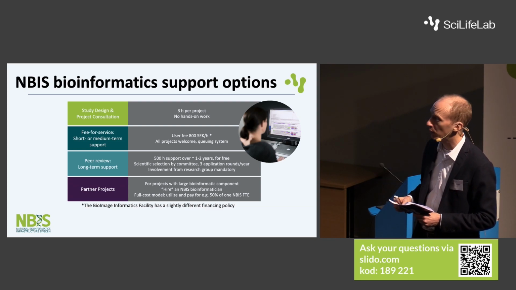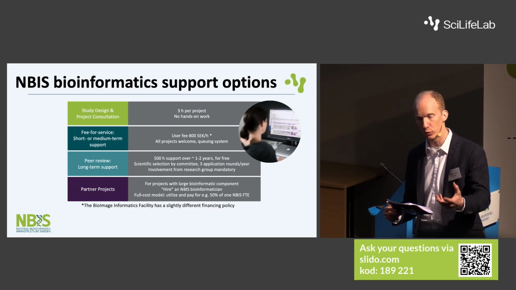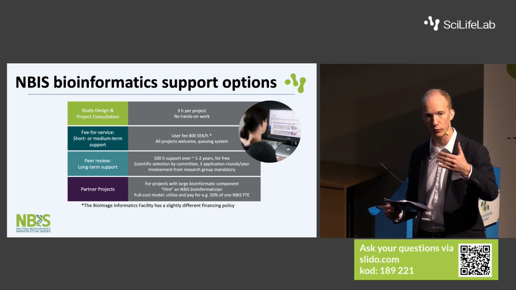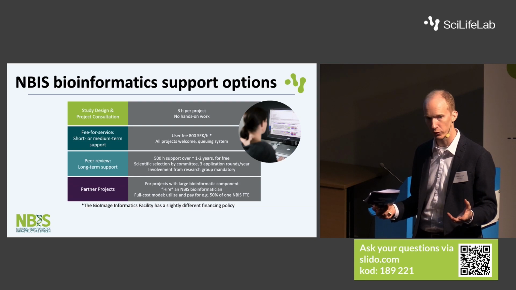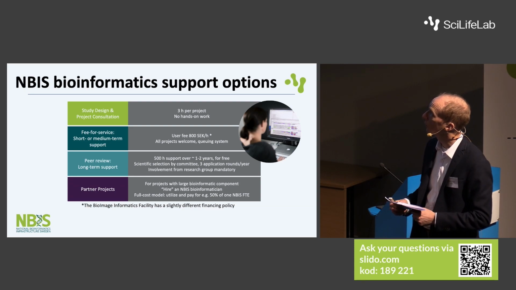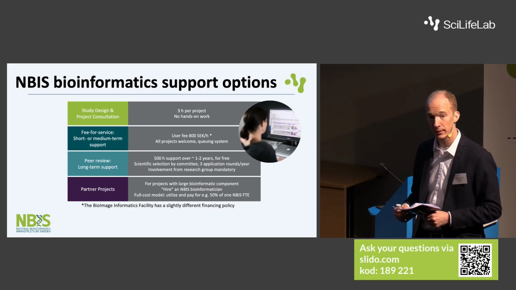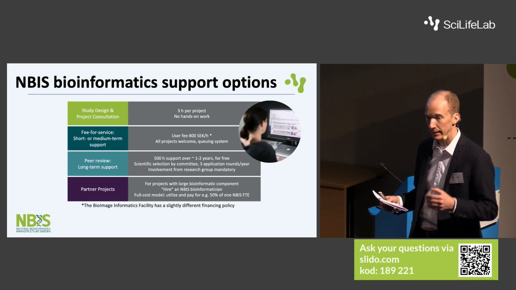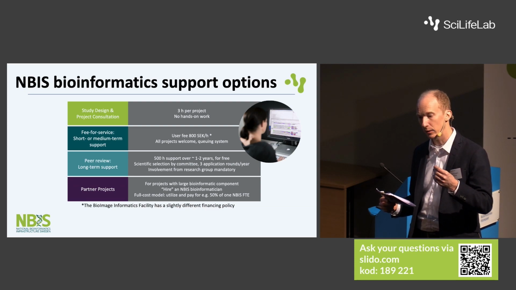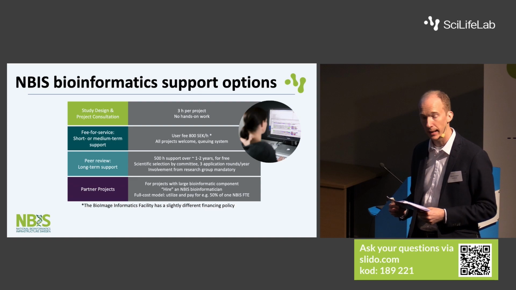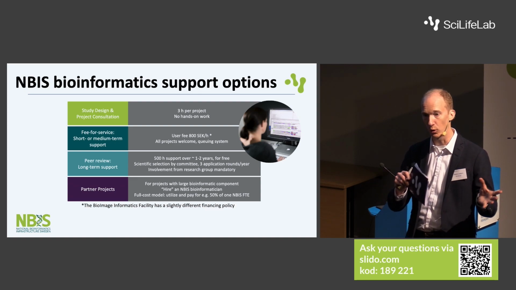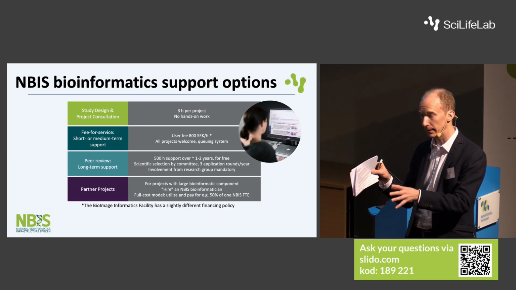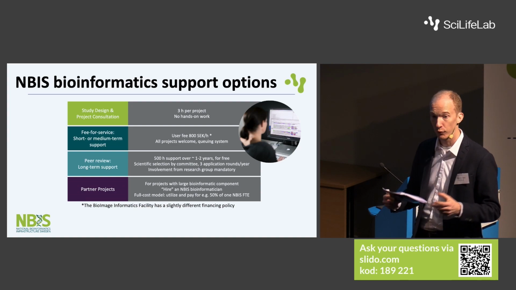The other option, they have long-term support. So this is a review-based project. So then you apply for resource, and a few projects are selected, and then you get a lot of support, typically 500 hours over 1 to 2 years. So that, of course, it's a massive amount of support. It's very valuable. It's also very important that you connect with the NBIS experts, so you actually transfer knowledge to your research team or yourself for doing this analysis.